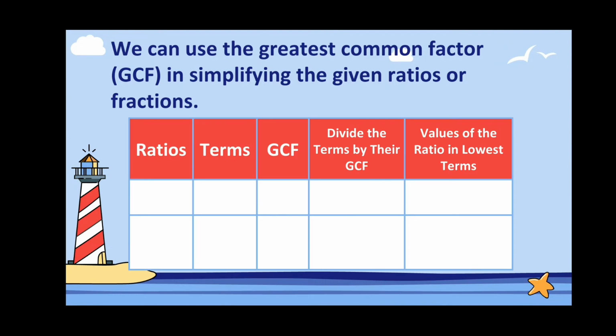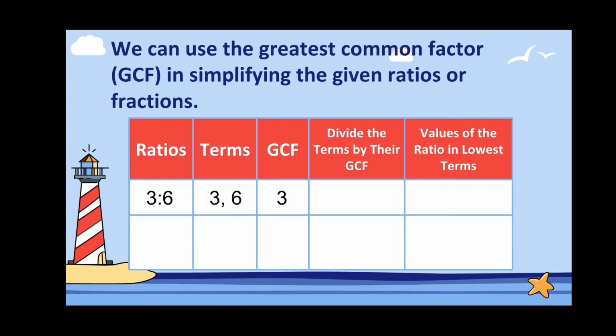Let's have this table para mas mabilis maintindihan kung paano ba mag-simplify ng isang given ratio. Suppose I have a ratio which is 3 to 6. The terms are 3 and 6. Now, the greatest common factor of 3 and 6 is, very good, it's 3.